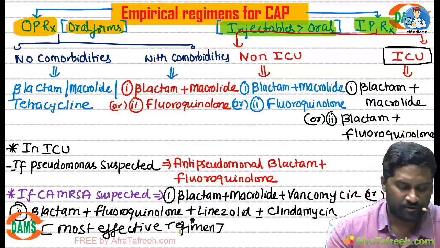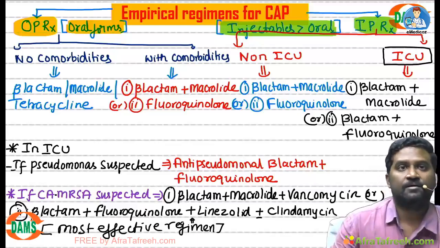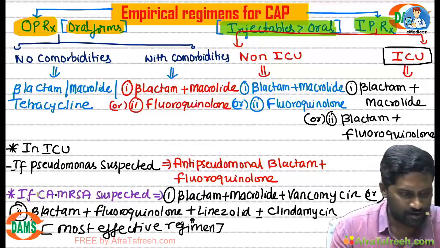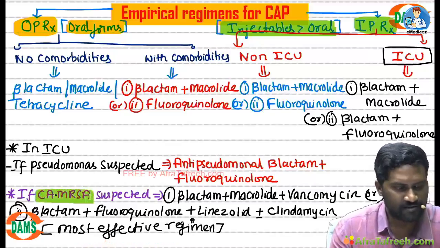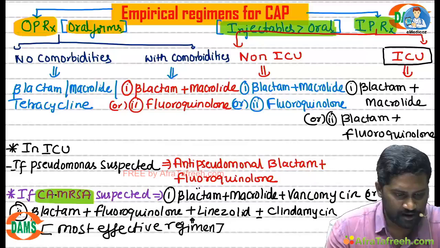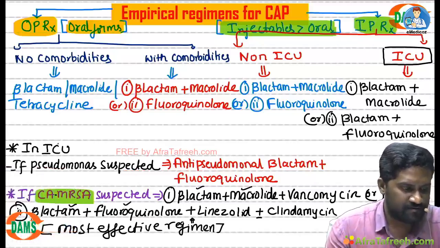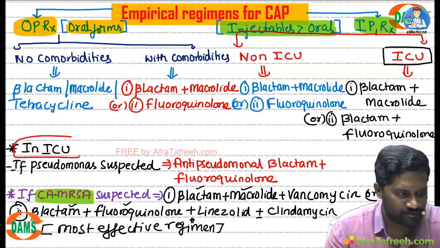Now you should get a doubt. You are suspecting it to be community acquired methicillin resistant staph aureus. Then why are you giving beta lactam macrolide, beta lactam fluoroquinolone? What is the reason behind this? See, this patient is in ICU.